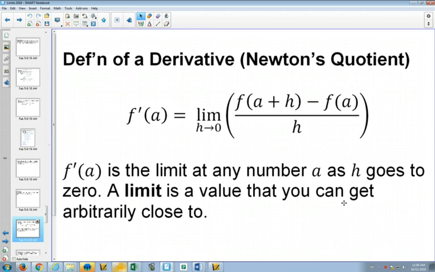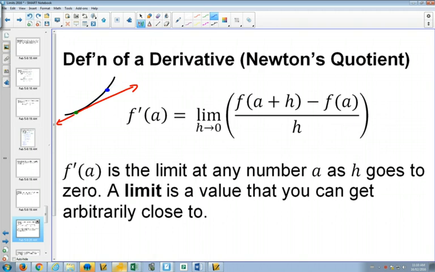So when we were finding the slope of a tangent, and again a little diagram to help us remember, if we wanted to find the slope of the tangent at this green point right there, and we took another point that was close to that green point, the secant line through the green and the blue point would be close to the slope of our tangent, but not quite.